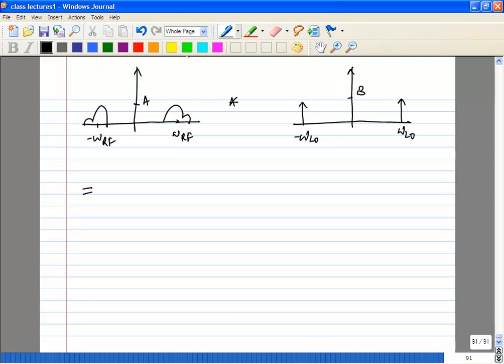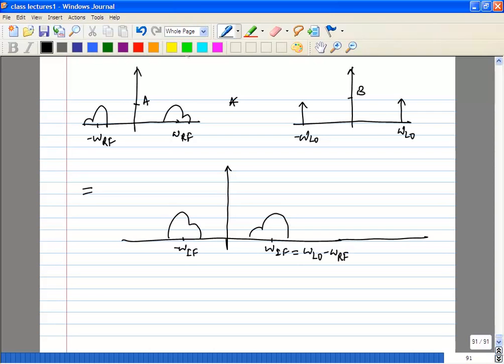So at the mixer output, what do you get? Remember, we call the intermediate frequency omega IF, which is omega LO minus omega RF, and also minus omega IF. And what do you get?